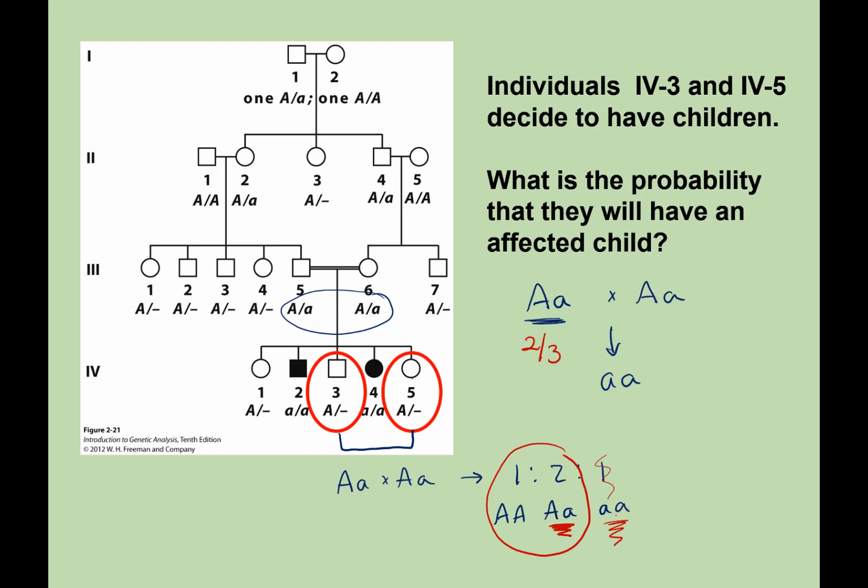So we remove that from the probability. So the probability that each of these people are carriers is 2/3. The probability of producing an affected child is 1/4. And so if you multiply these all, you get the probability of having an affected child as 1/9.